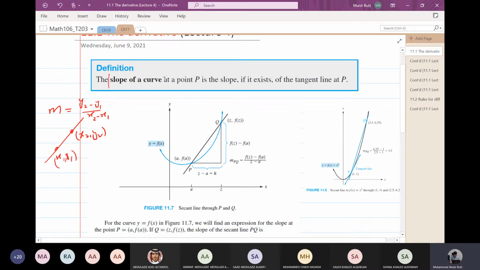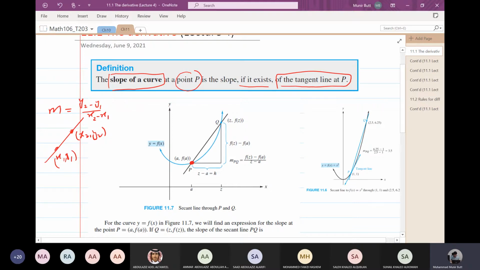The slope of the curve at some point P is the slope, if it exists, of the tangent line at that point. So first of all, we need a tangent at that point. I think everyone knows what the tangent at P is if we draw just a straight line. But the point is how to get this tangent.